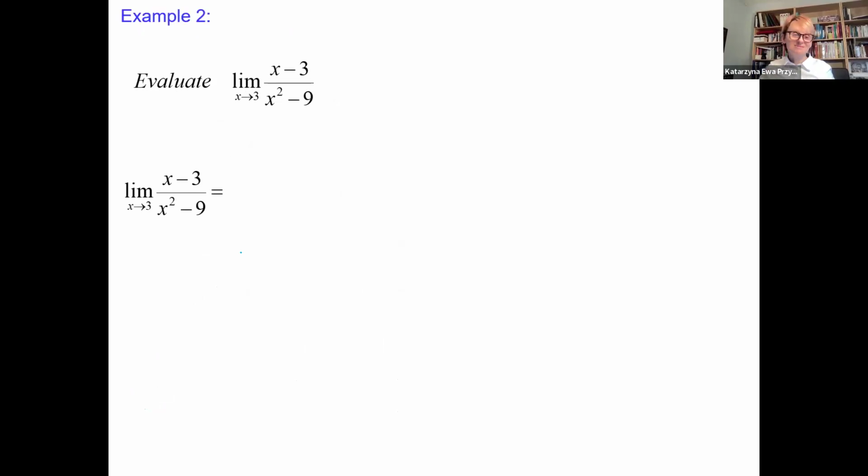Let's look at this one really quickly, because we can do more complicated ones. Evaluate the limit, how this function behaves at 3: x minus 3 over x squared minus 9. A similar situation. x equals 3 is not in the domain.